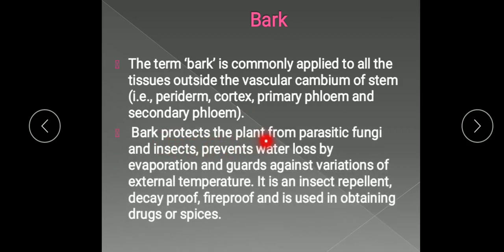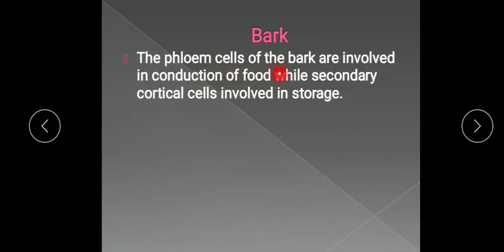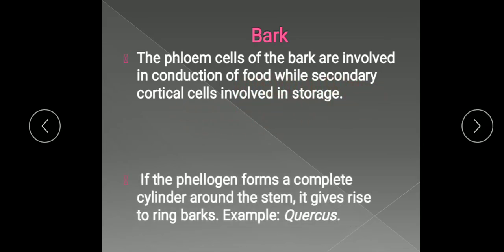Bark protects the plant from parasitic fungi and insects, prevents water loss by evaporation, and guards against the variation of external temperature. It is an insect repellent, decay proof, fire proof, and is used in obtaining drugs or spices. The phloem cells of the bark are involved in the conduction of food, while the secondary cortical cells are involved in storage.